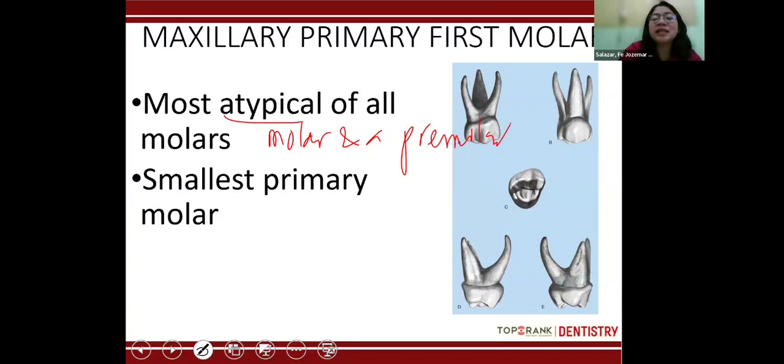So molar siya kasi tatlo yung root niya, maxillary molar and premolar. Tatlo yung root niya, pero yung crown size at shape niya, mukha siyang premolar. That's why authors believe that this is the premolar section of your primary teeth. So they are the smallest primary molar.